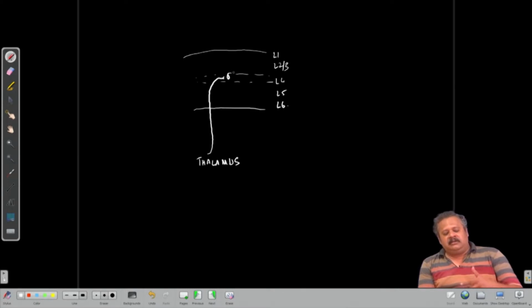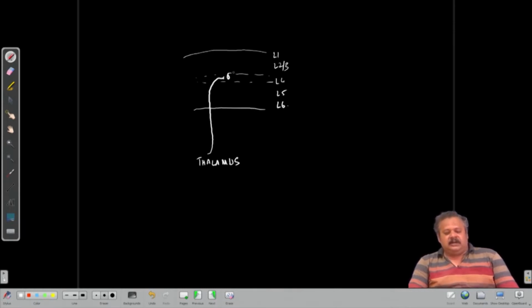Processing in the cortex starts there, and carries forward to layer 2, 3 or other regions wherever it is required. But the circuitry is not like this thalamus to layer 4 connection, which is probably the beginning of the cortical processing, when the brain is developing.